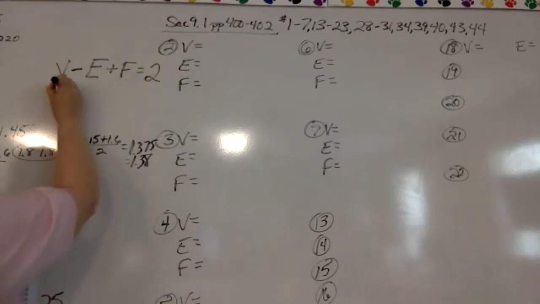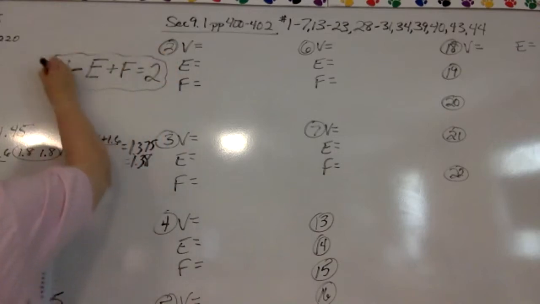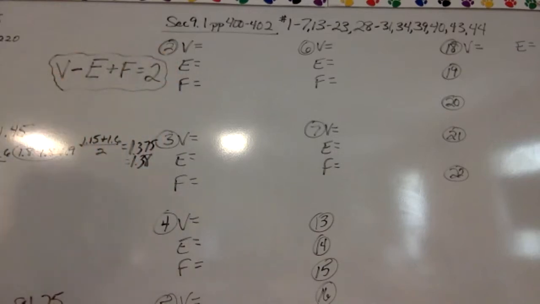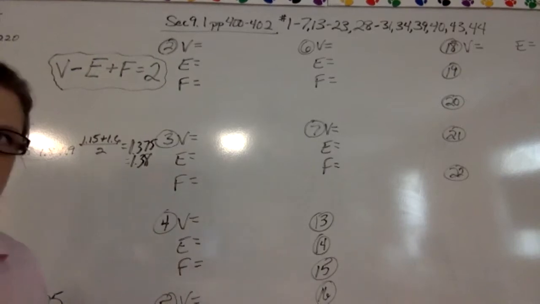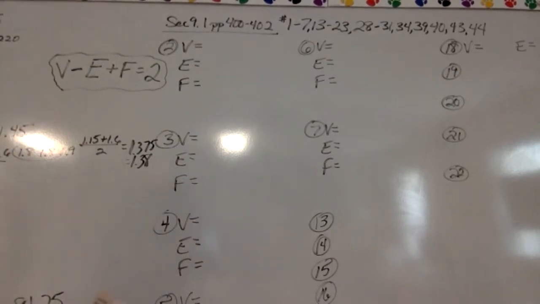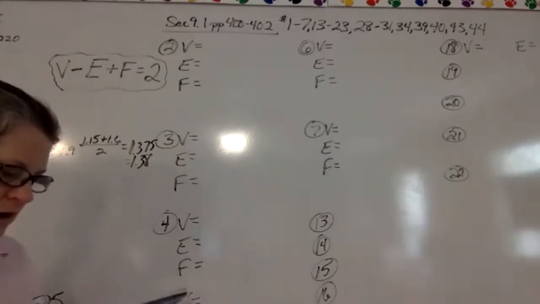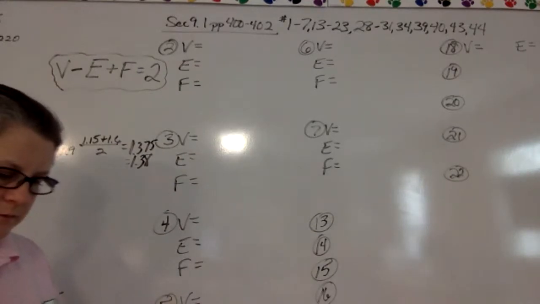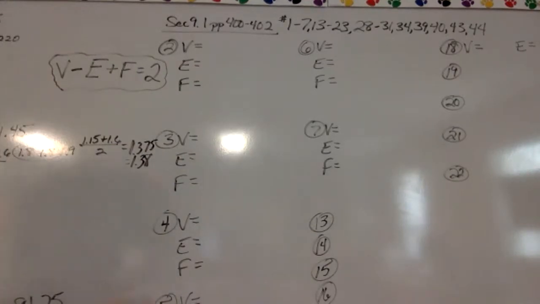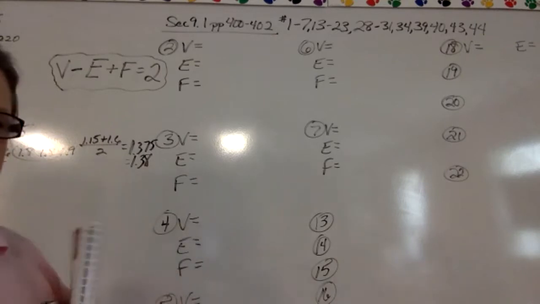Okay, for any of our three-dimensional figures that we're going to be working on, these convex polyhedrons, the vertices minus the edges plus the faces should equal 2. Okay? Now, a vertex is like the points.